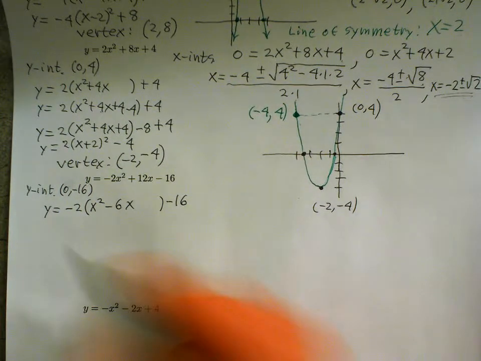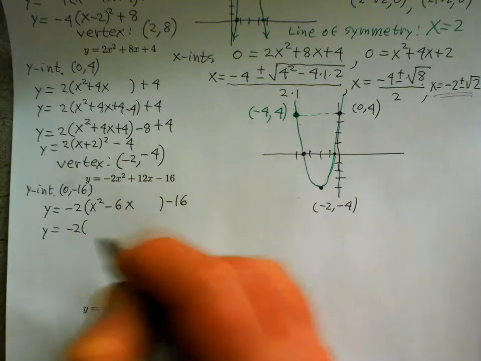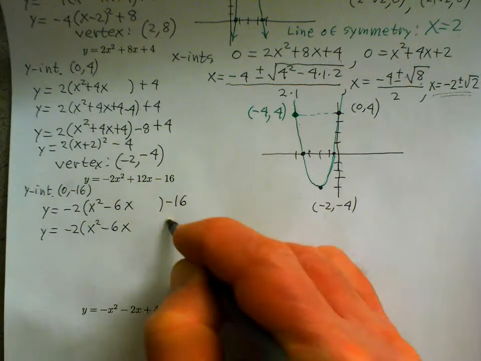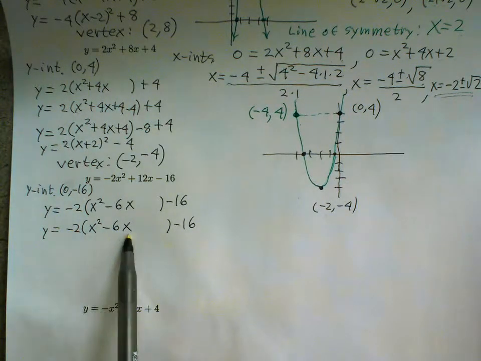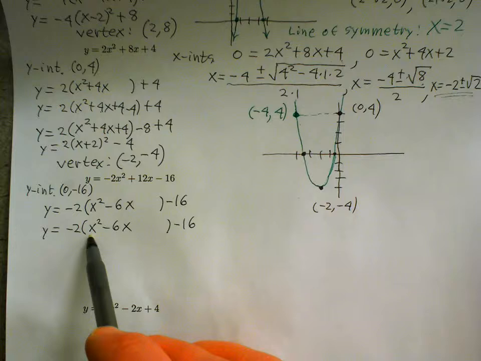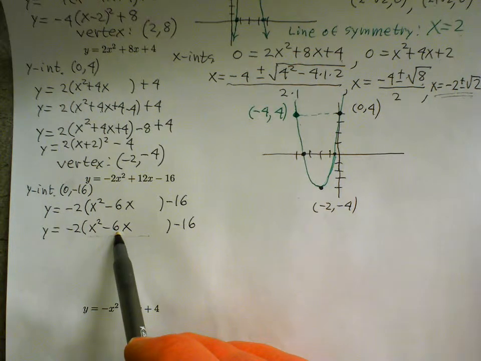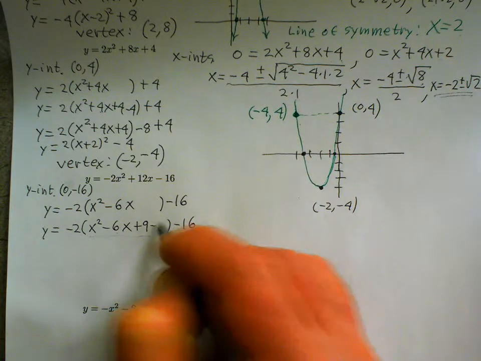In the second step, we add the 0 inside the parentheses. So now we focus on x squared minus 6x. We're going to create a perfect square trinomial, so we take 1/2 of -6 and square it. So we add 9 and then subtract 9.